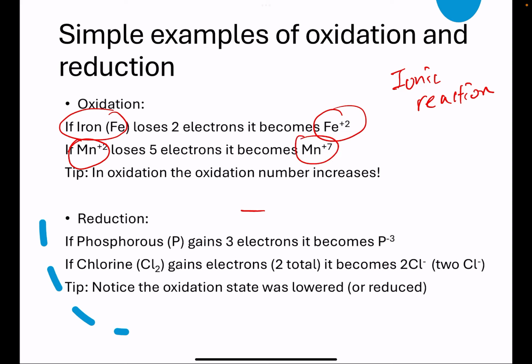I'm going to look up what that was. But Mn2+ losing 5 to become Mn7+. If they can lose 5, then I'm pretty sure this is a transition metal, so they do have the d orbital, which allows them to do something like this.